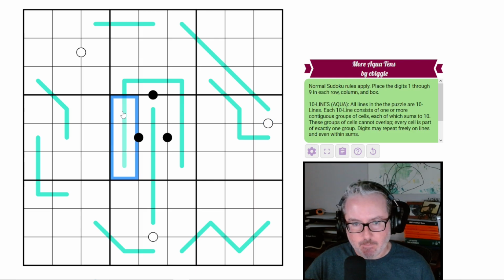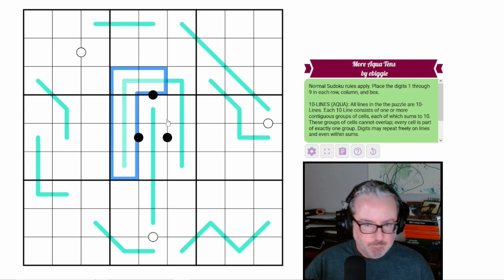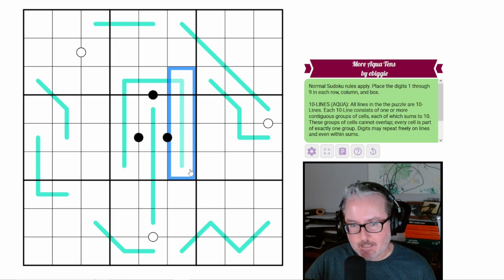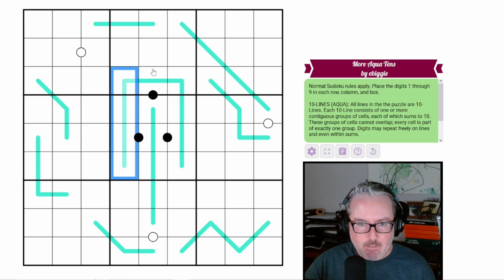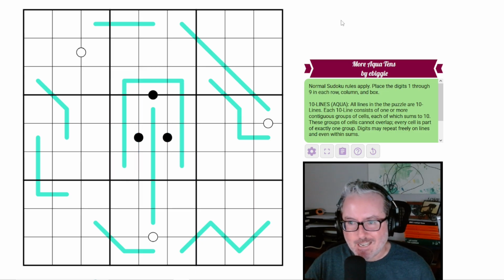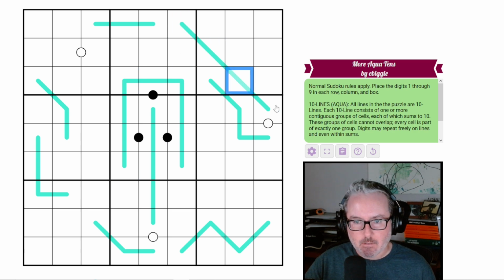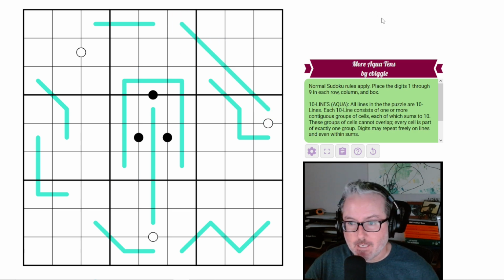So here you could have these 2 be 10, and then another 4 of them be 10 or something along those lines, but they have to be separate groups of digits that are adding to 10, but there's no restriction. We can repeat as long as the other rules of Sudoku allow that to occur.